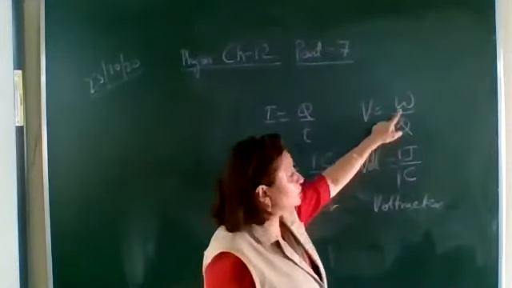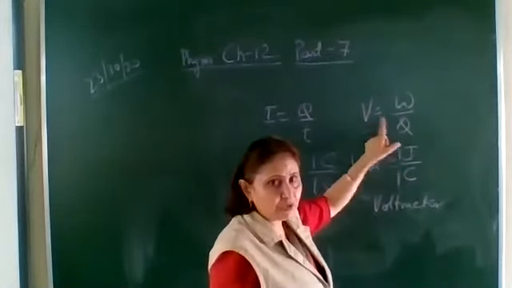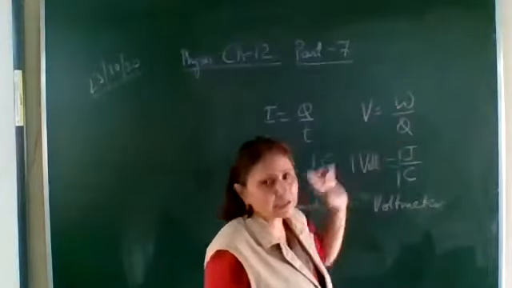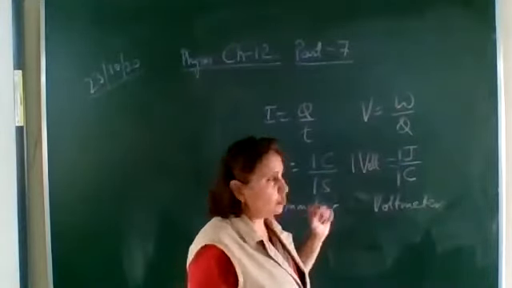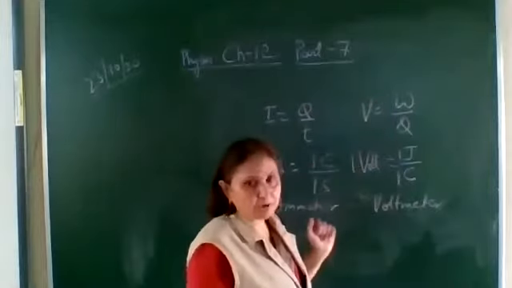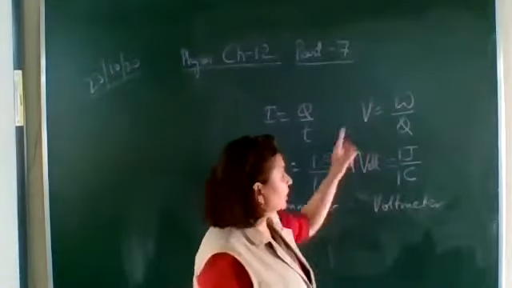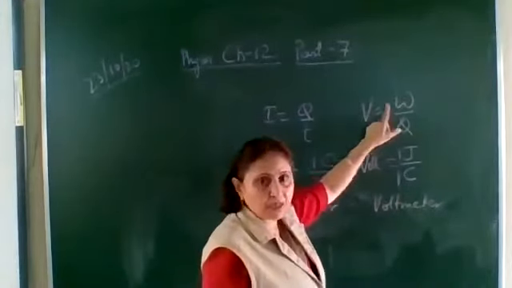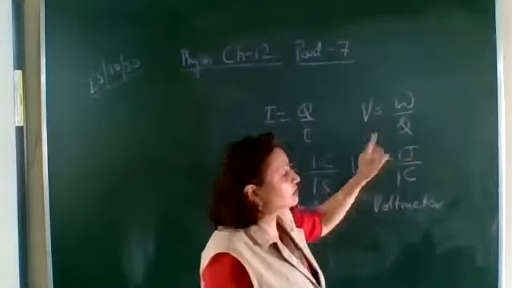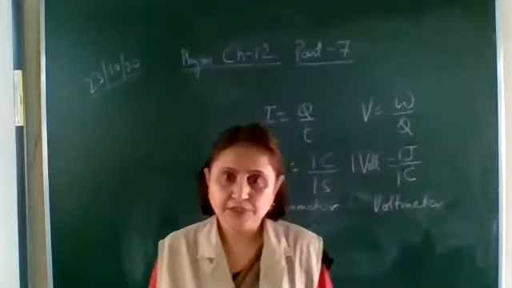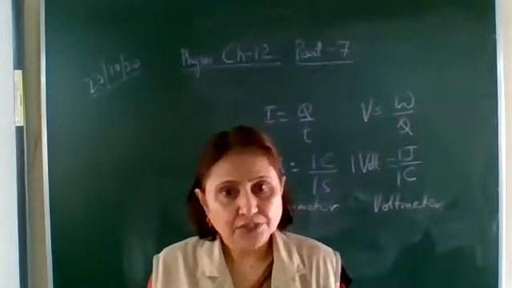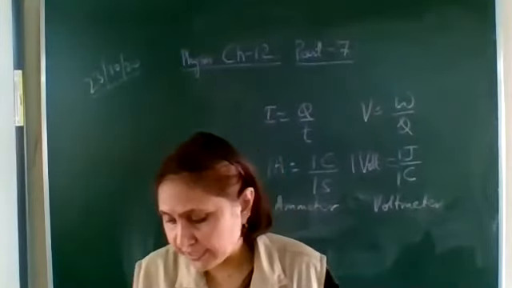If the potential difference is given in volt and the charge in coulomb, then the work done you will get in joules. And Q is equal to W upon V. So if work is given in joule and the potential difference in volt, then you will get the charge in coulomb. So these are the two definitions which we have already studied.